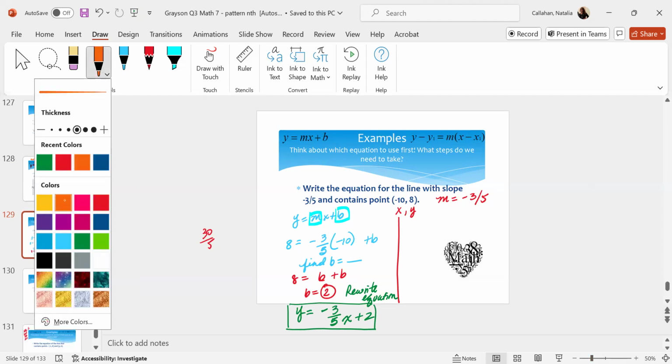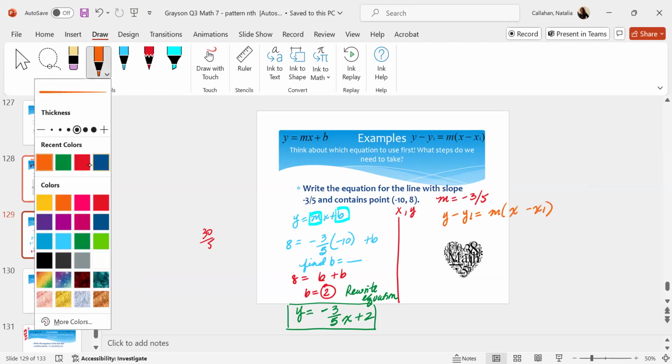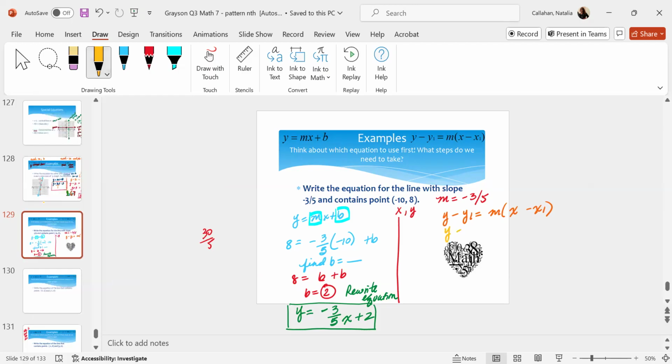Over here, we're going to do y minus y1 equals m times x minus x1, right? Let's plug in, this is your point, right? Plug in the points. y1 is 8. But be careful of the negative 10, because that's going to change a little bit.